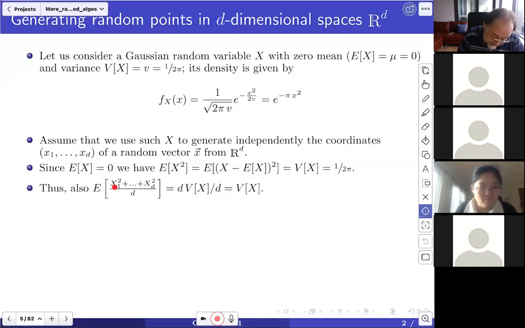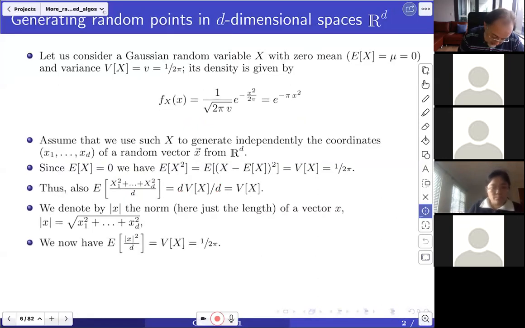The expected value of this, I can take expectations inside. So this will be the expectation of x1 squared up to xd squared, but they are all equal to the expectation of this Gaussian squared. And then d on the bottom and d on top cancel, and you get just the variance, right? So what does this mean?